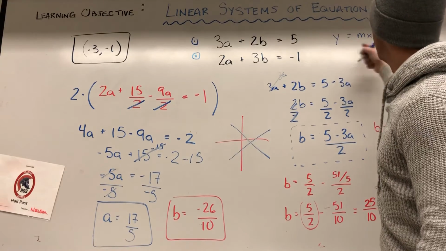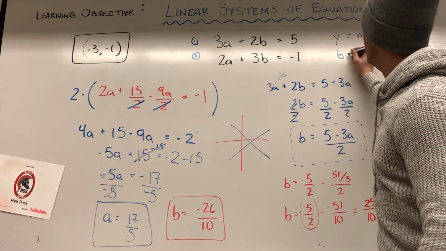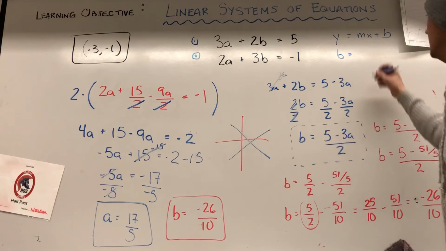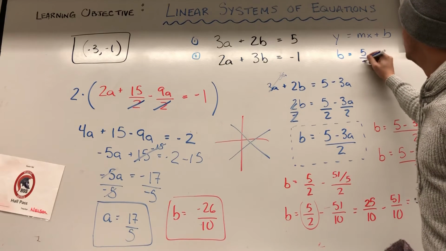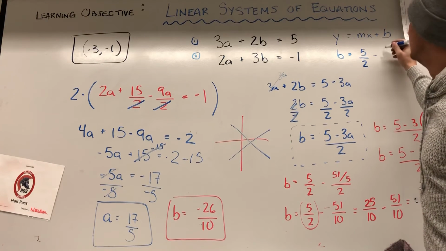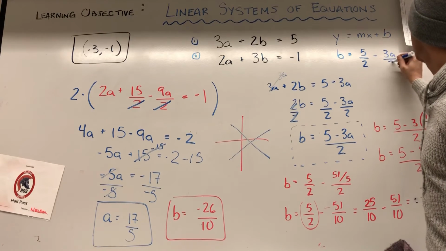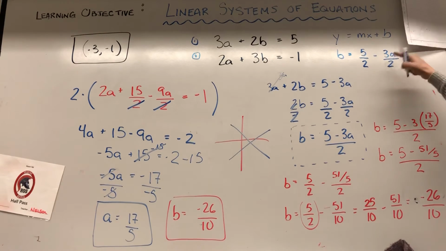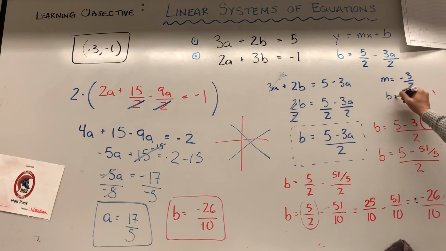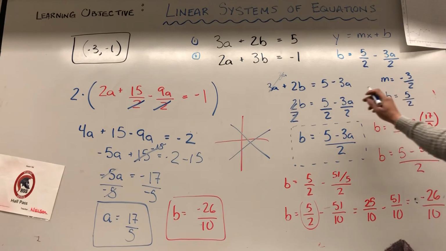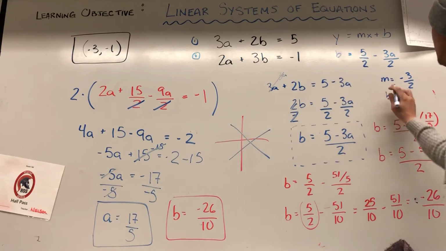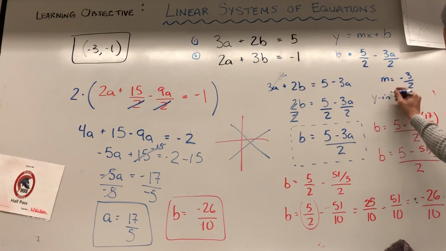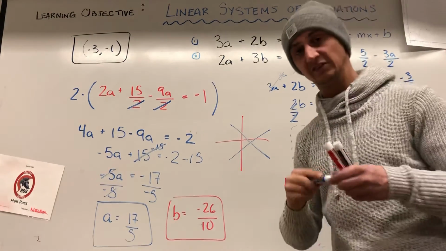Then in y equals mx plus b form, it would be b is equal to 5 over 2 minus 3a over 2. And this is my x now, so my slope, my m, will be negative 3/2 in this form, and my y-intercept will be 5/2. I'm sorry if this got confusing, I confused myself.